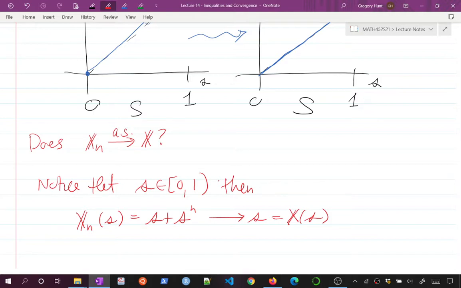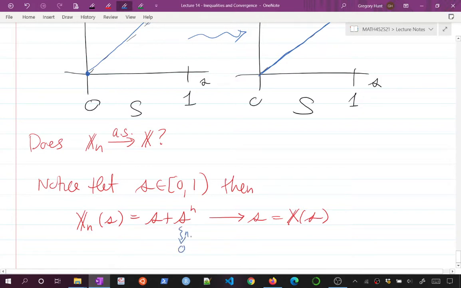What's s squared? 0.25. What's s cubed? 0.125. The fourth power? It gets smaller and smaller and smaller. So if I take a number between 0 and 1 and raise it to successively higher powers, it gets smaller and smaller. And so if I fix my little s and just increase n, this second part is going to go to 0.